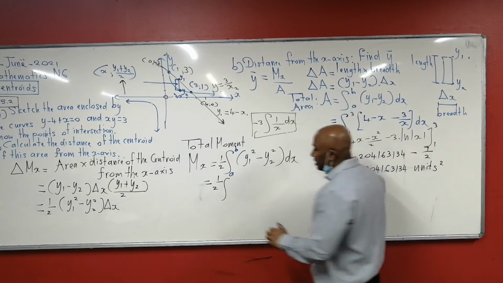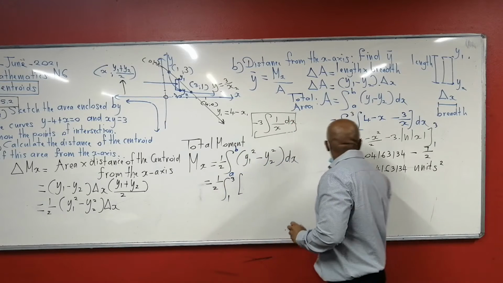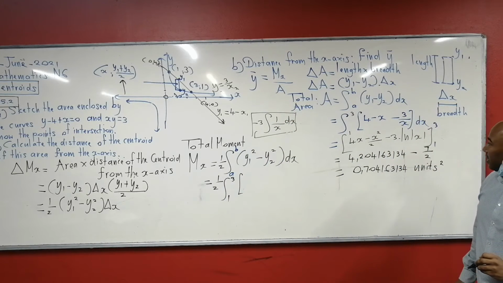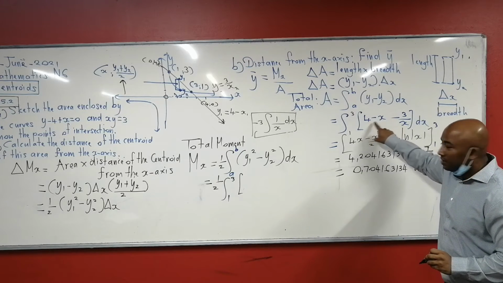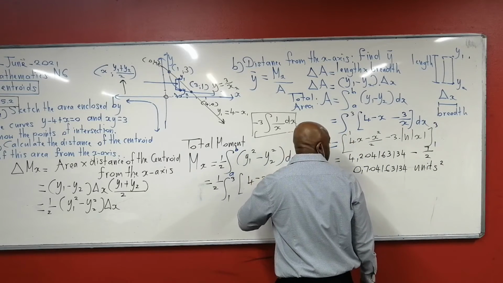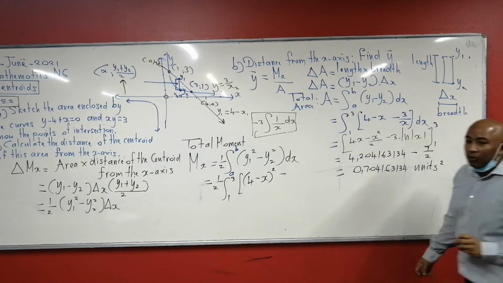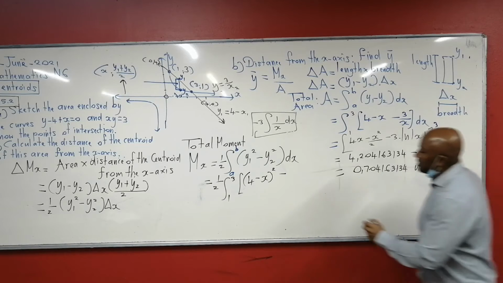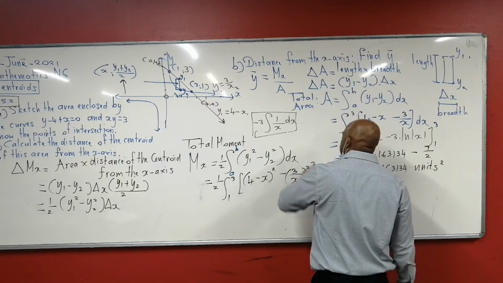It's not going to change. So your A is 1, your B is 3, and then Y1. What is Y1? So Y1 is represented by 4 minus x. So here is my 4 minus x all squared, and then Y2. What is my Y2 here? It is 3 over x. So there's my 3 over x all squared.